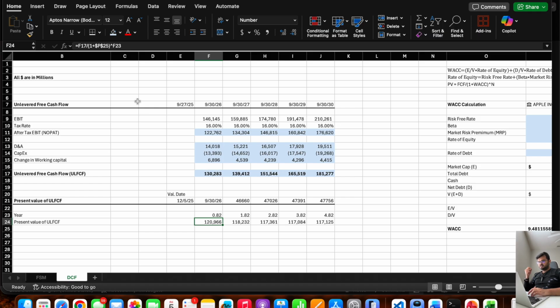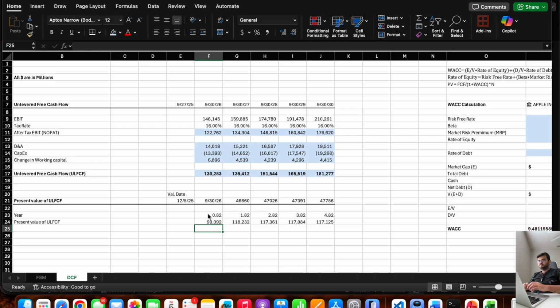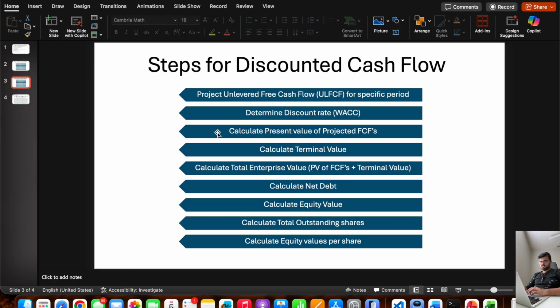Only 82% of it will be coming out of it. That's the assumption I'm going to take, which is this number multiplied with this number will give me this number. Okay. So now we have the present value of all the cash flow, so step number 3 here is done.